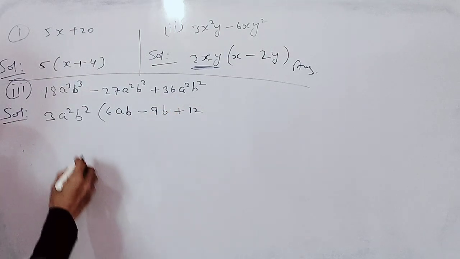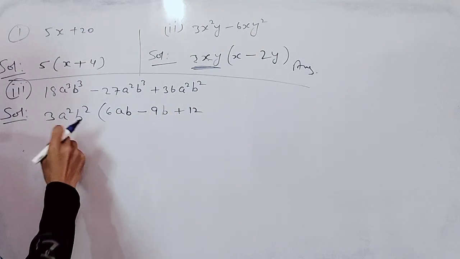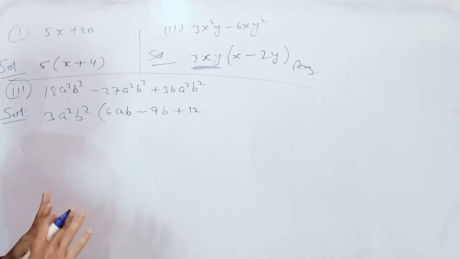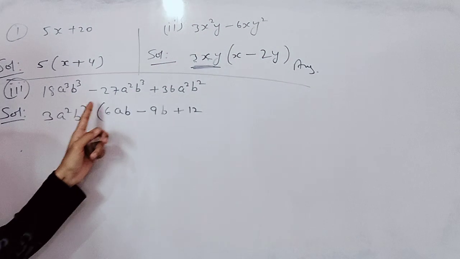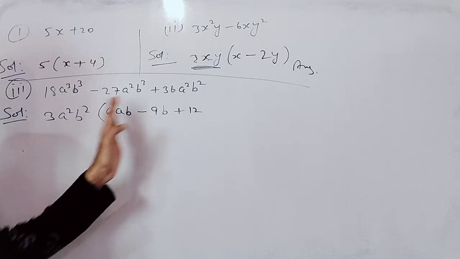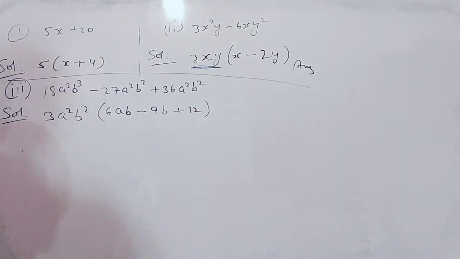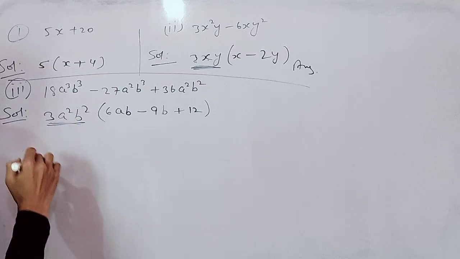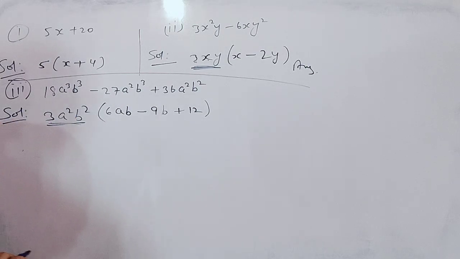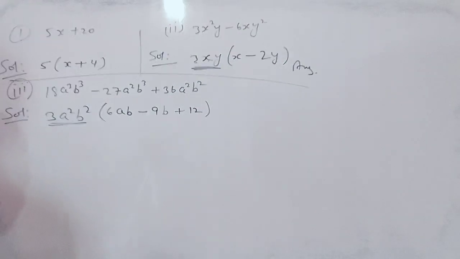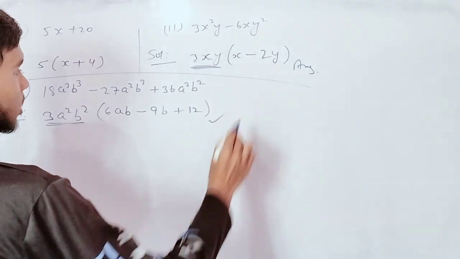Now here is A square and here is also A square, so we will not write it because both are the same. B square, B square, again these B values are the same. Now this is common in this question, so we have done the factor. So till here this is the answer.